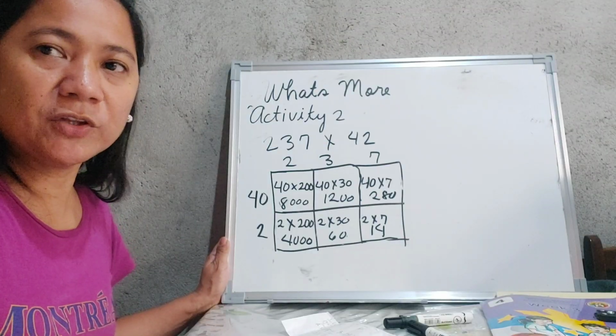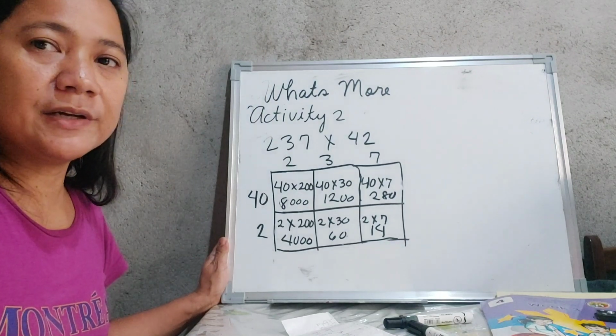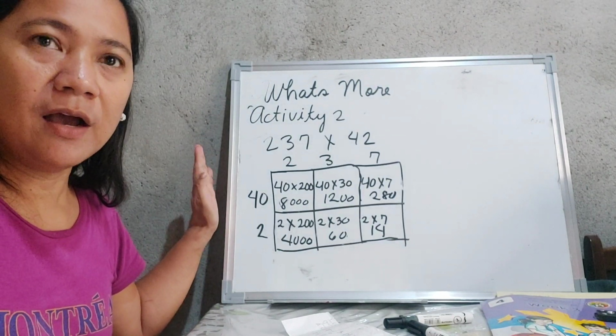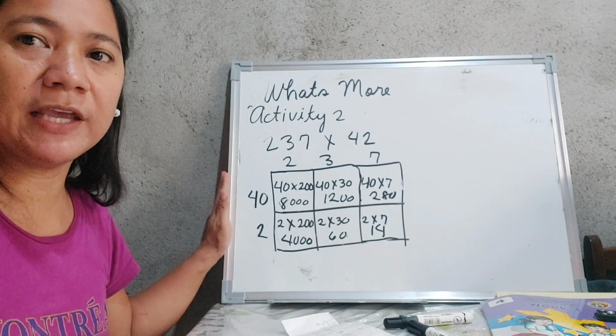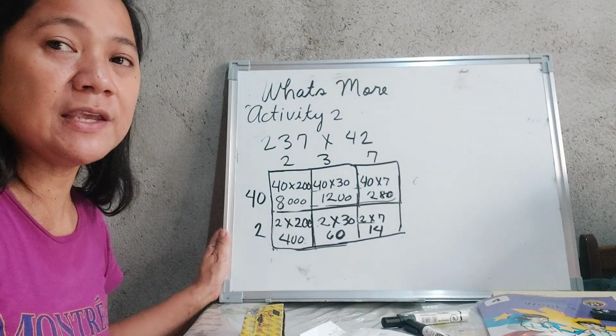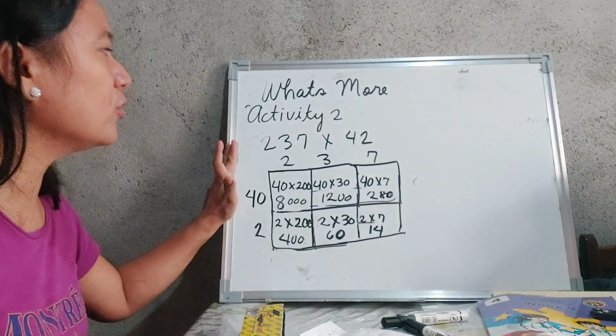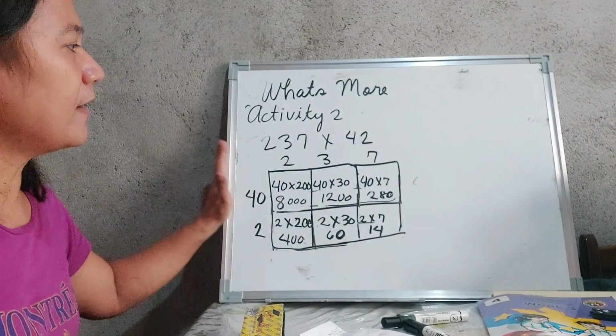And for the last part of our activity in letter B, you will answer the following problem into the expanded form. So, let us try to answer all together the number 6.